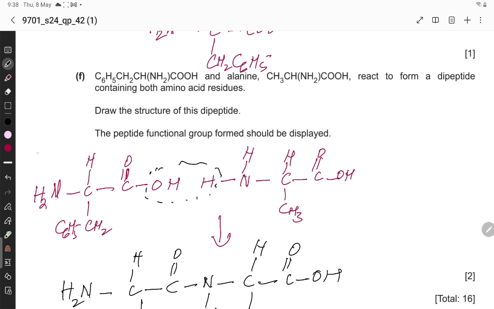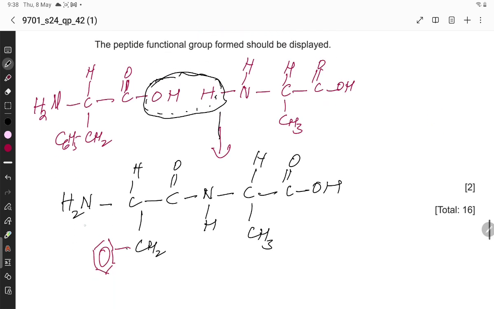This is the structure of phenylalanine, and this is the structure of alanine. So H from the alanine and OH from this side, in the presence of concentrated sulfuric acid. So this is the dipeptide. This is the peptide bond.